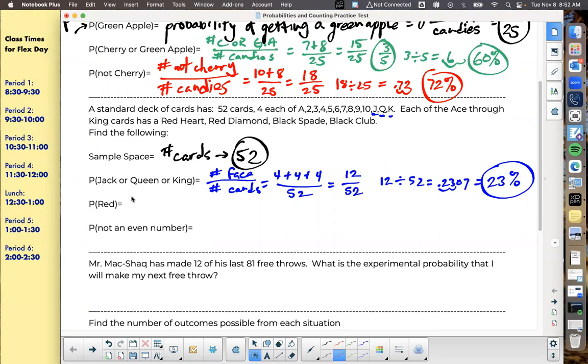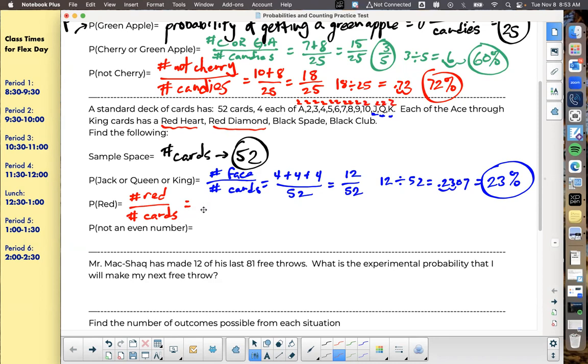Okay, probability of red cards means we have to write how many red cards there are divided by how many cards there are. Well, red cards. Okay, so there are 4 types of each card. 2 of them are red, 2 of them are black. Now, if we wanted to add up all of these, we could, because there would be 2 red of every kind of card.